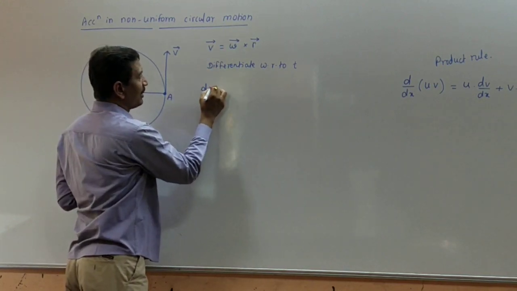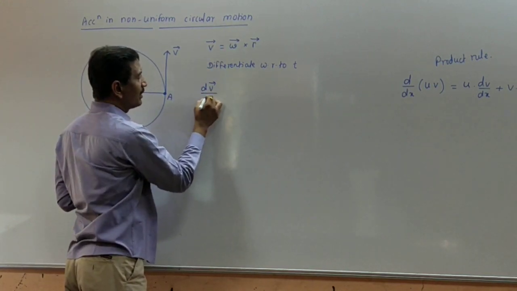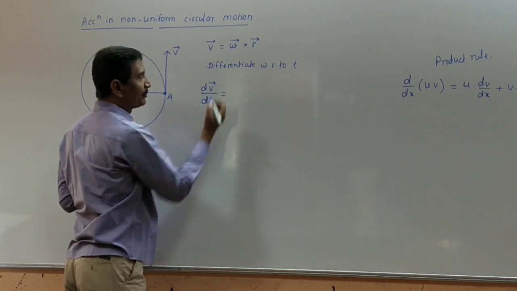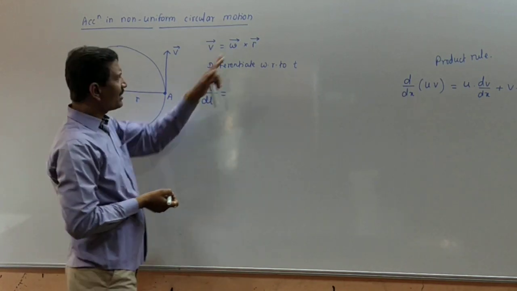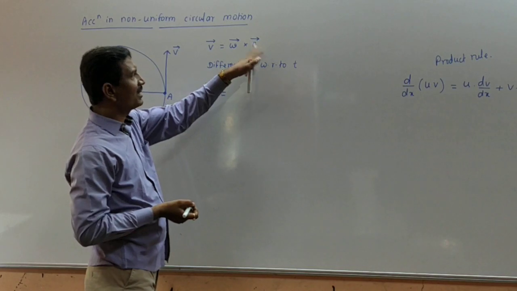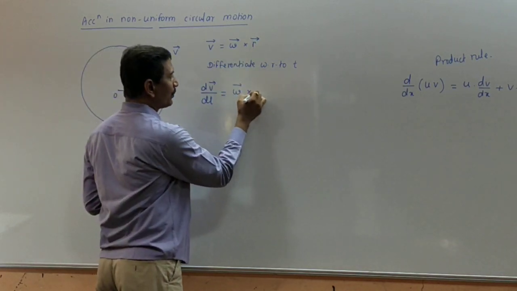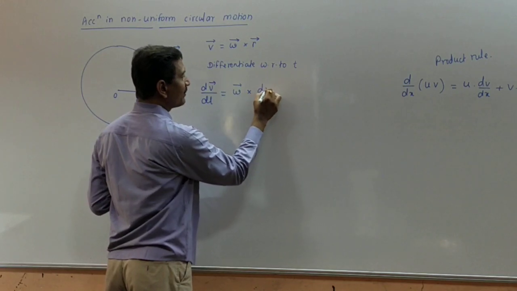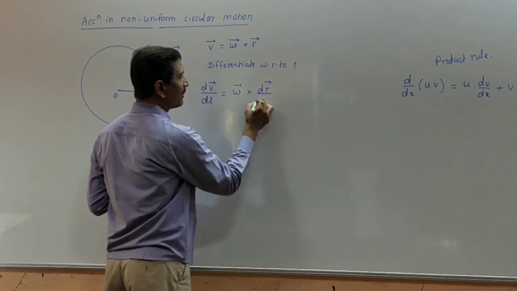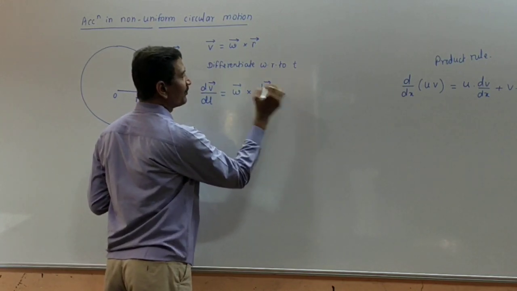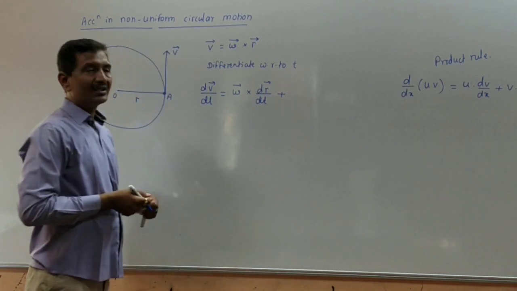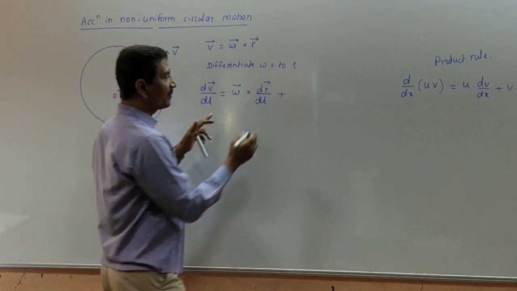So dv bar by dt is equal to, here the first function is omega and the second function is r. So omega bar into derivative of the second function, which is dr bar by dt, plus the second function into derivative of the first.